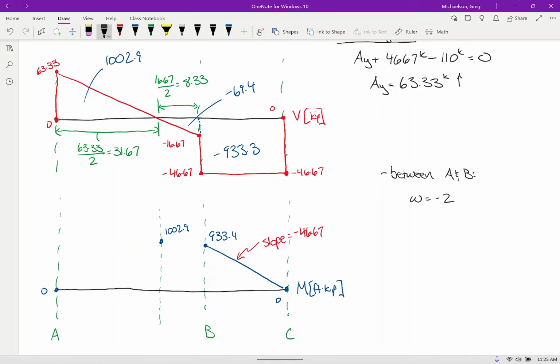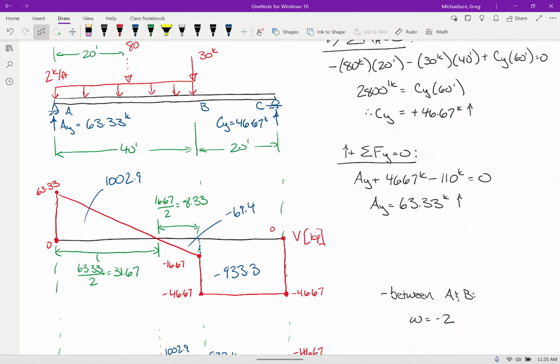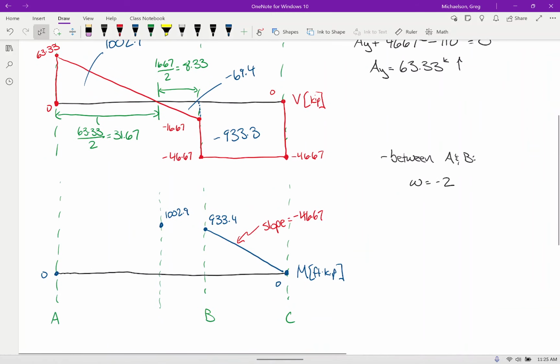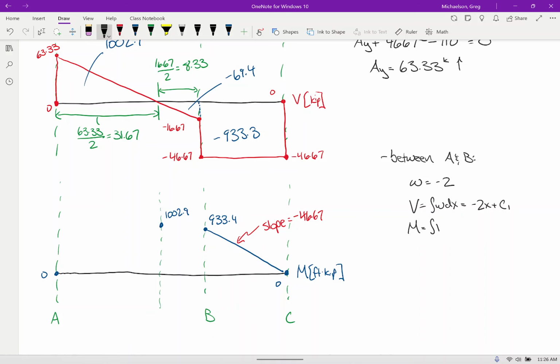Because between A and B, we had a -2 kip per foot load. So V is the integral of that. And then moment is that, right?